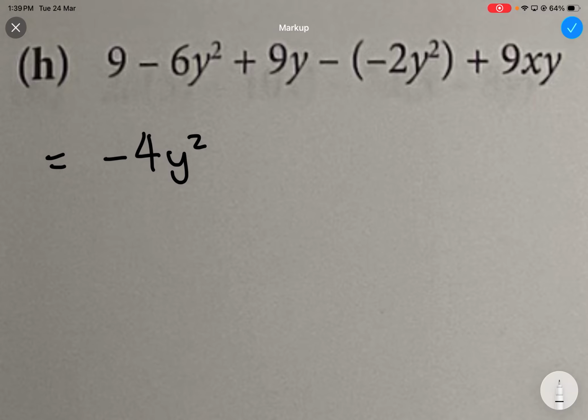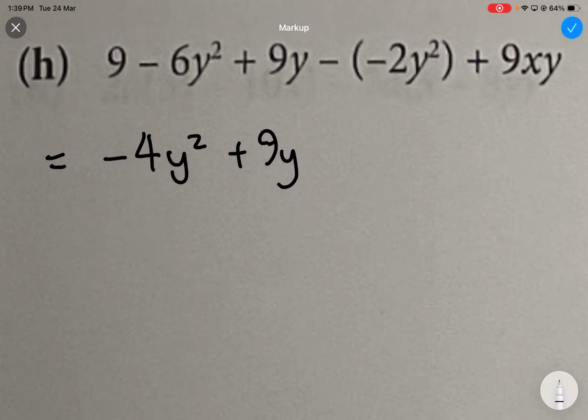Done? Then we go to next page. Not much different, except this time they tell you in English, find the sum. Sum means addition.